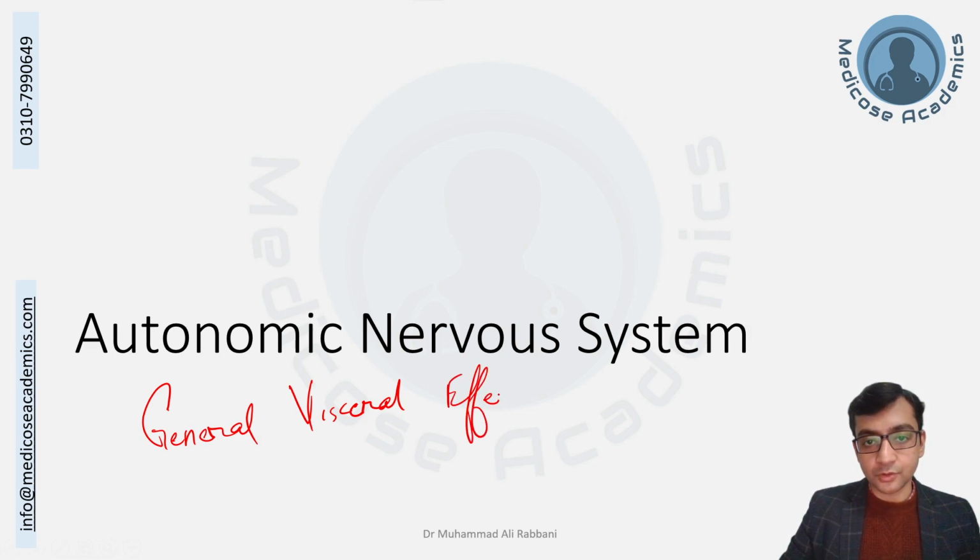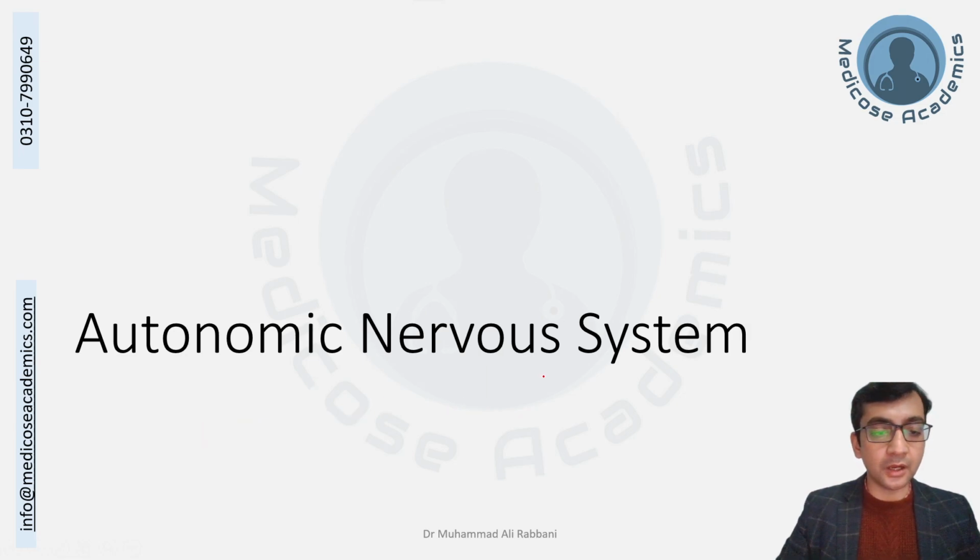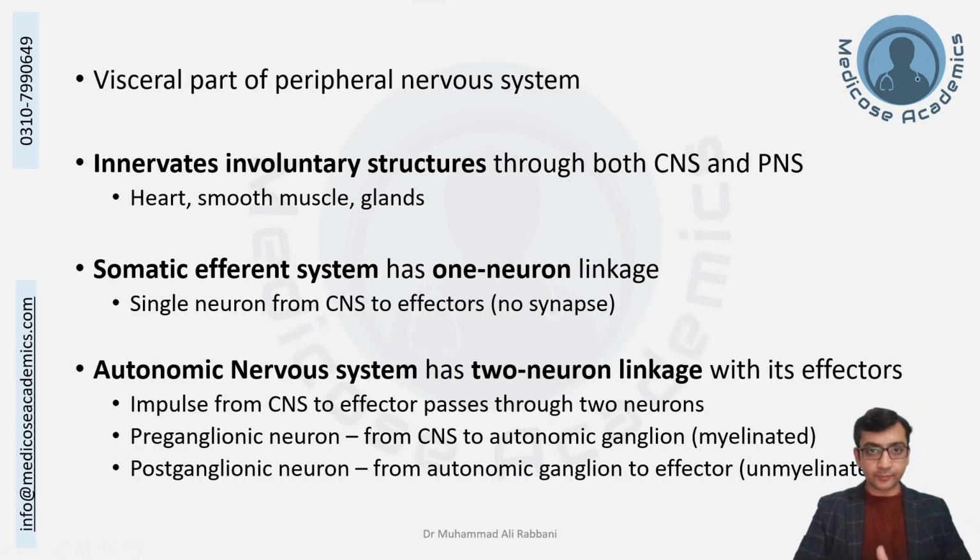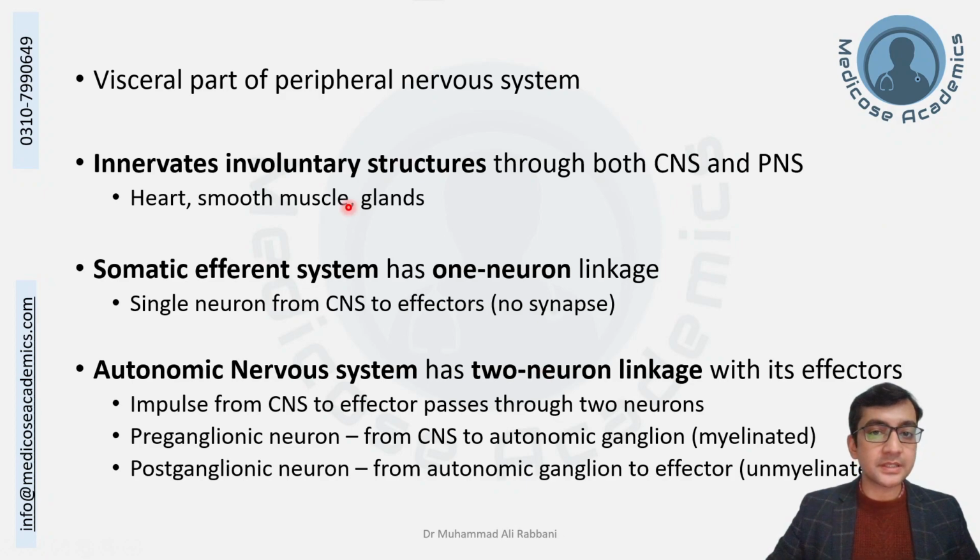So these are the involuntary supply that is going to the viscera of the body. The visceral part of the nervous system innervates the involuntary structures through both the central and peripheral nervous system. It includes the heart, the cardiac muscle, the smooth muscle, the secretory organs.